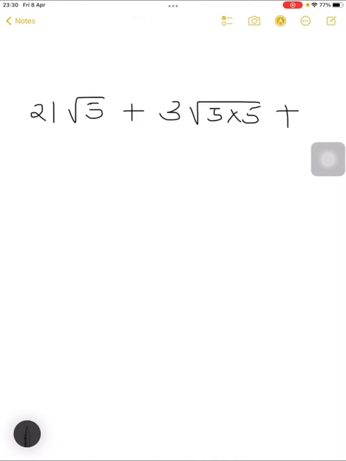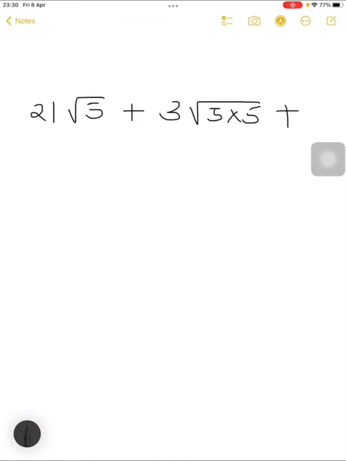3 root 5 multiplied by 7, we get 21 root 5, and then plus 3 root 5 multiplied by root 5, you will get 3 root 25. Okay, and this is just the numerator alone.